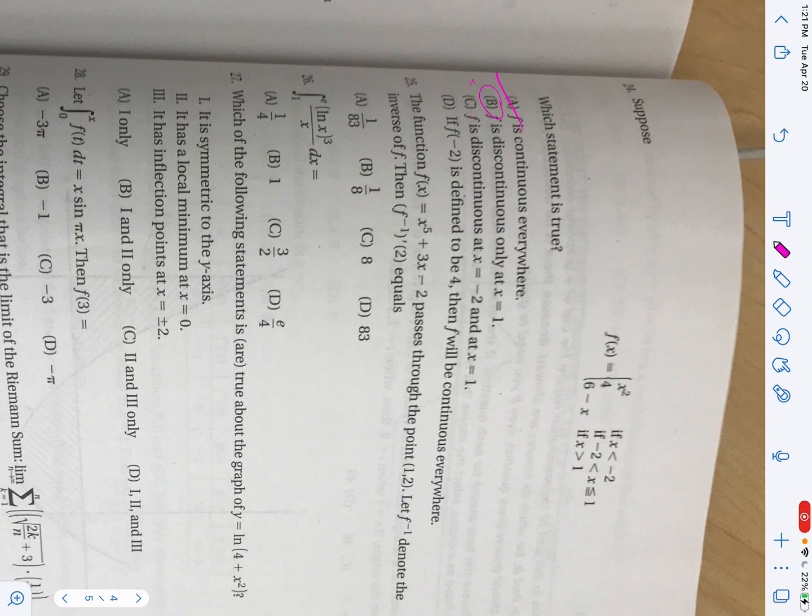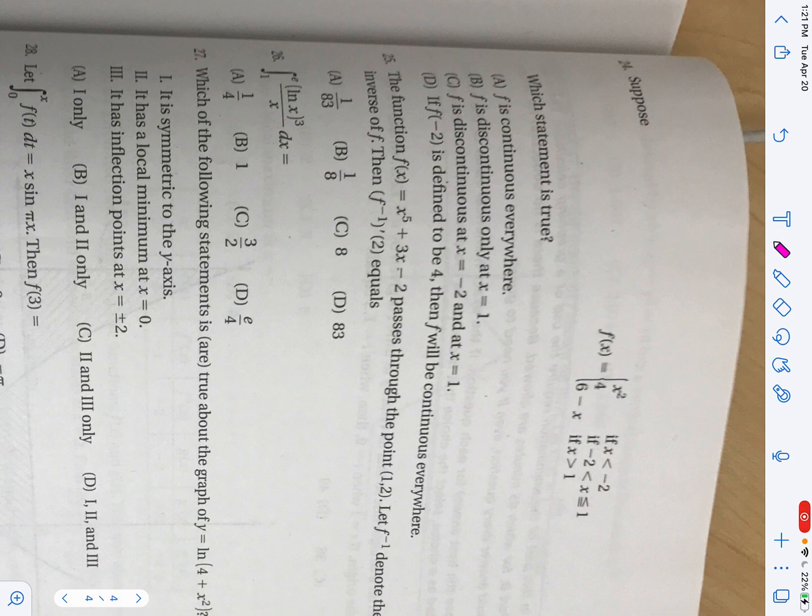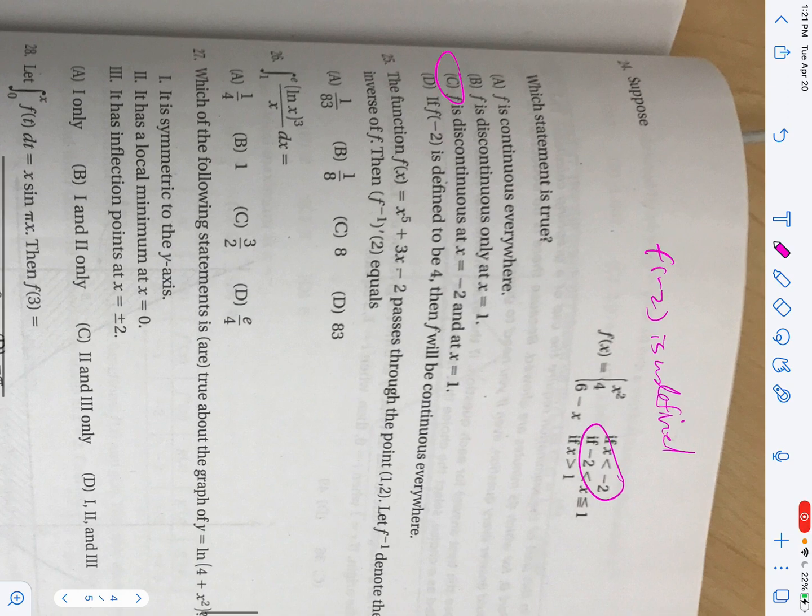Oh, okay. So there's a trick here, and I fell for it. This is a poorly constructed question, which would not be on the AP. Technically speaking, it's not defined at -2, so right away it's discontinuous there. So it is discontinuous at both of those places, but for different reasons.